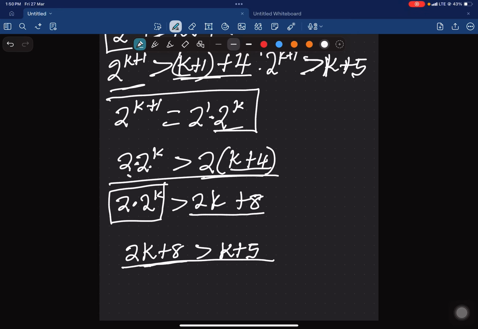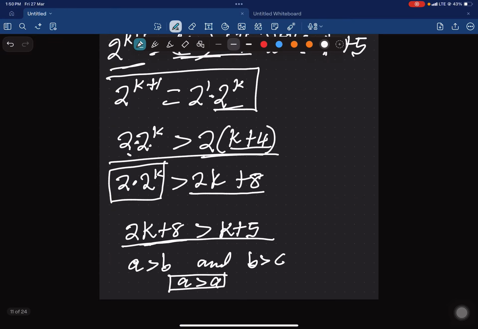Now, from the transitivity axiom, we say that if A is greater than B and B is greater than C, then A is greater than C. So you can use this transitivity axiom to complete your proof over here. Now let's apply it.